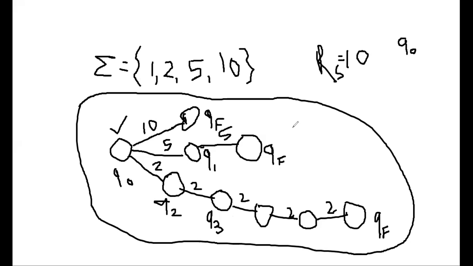Now, when I insert a 10 rupee coin at the initial state, it means I'm giving an input, whatever input I have right now. I have the 4 inputs only. So if I apply one input, it moves to the QF state.